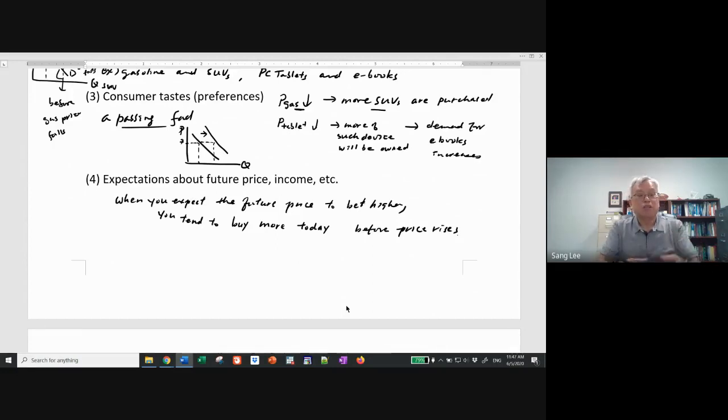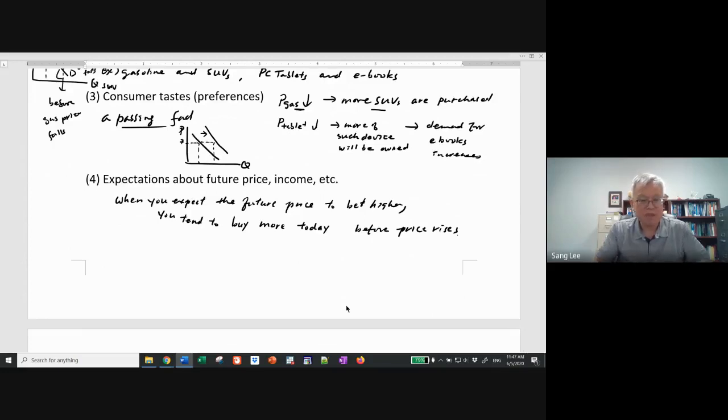Why? Because when you expect the future price to be higher, that means the longer you wait, the chances that you're going to have to pay higher price for a good are increasing. So that's why whenever people form such expectations, all of a sudden, they want to buy more today.